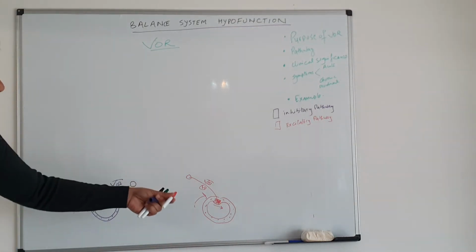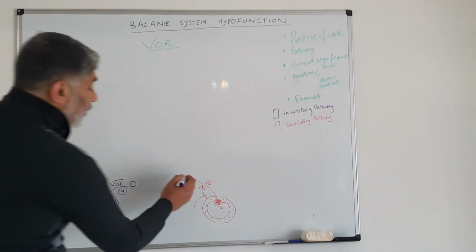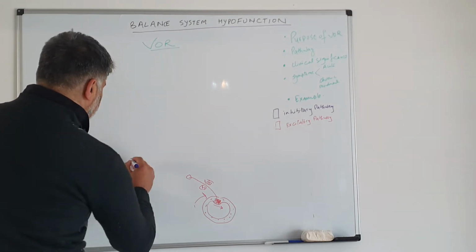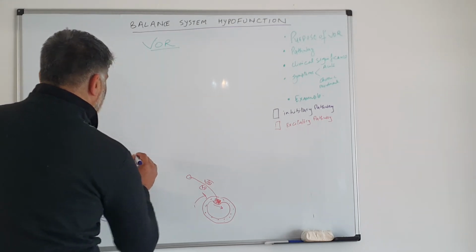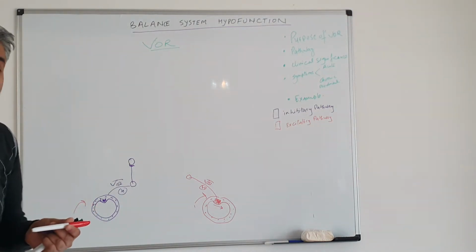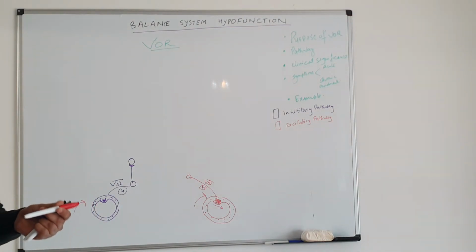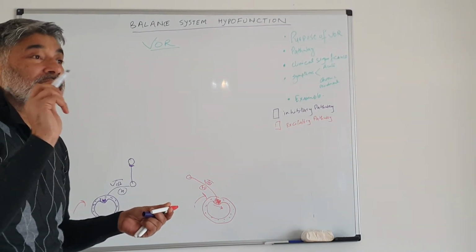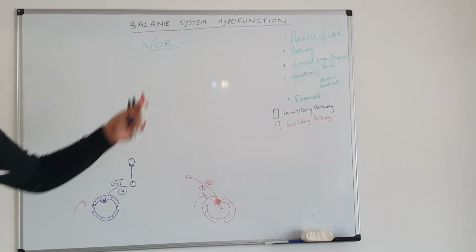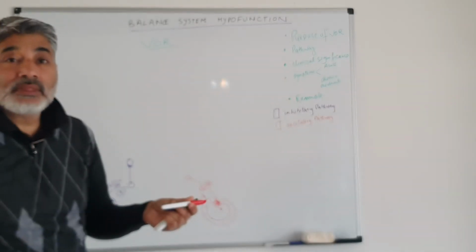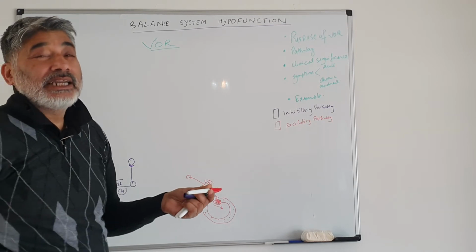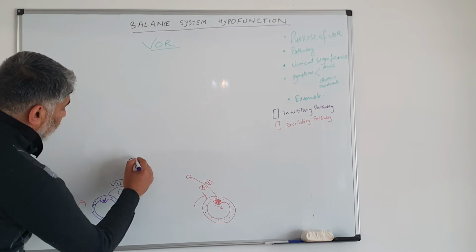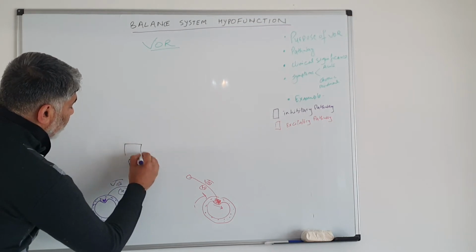Now, from the eighth cranial nerve, the first order neuron terminates in the vestibular nuclei. There are 4 vestibular nuclei, and they send a few fibers to the extraocular muscles, and a few fibers via the vestibulospinal tract to the anti-gravity muscles of your lower limb. So these are your vestibular nuclei.